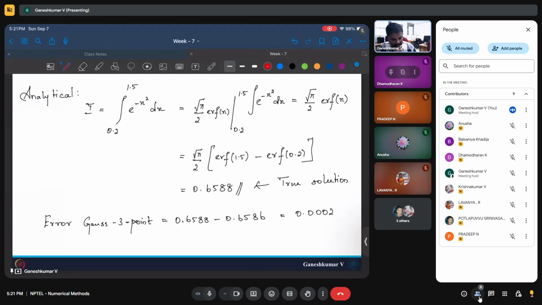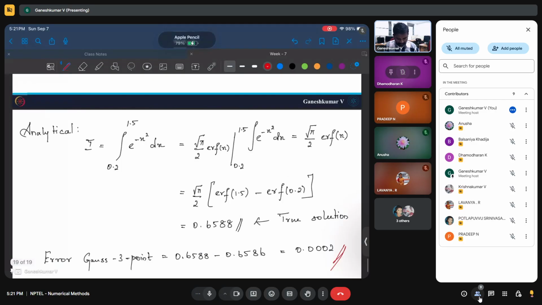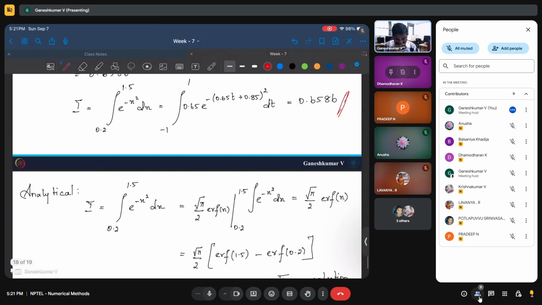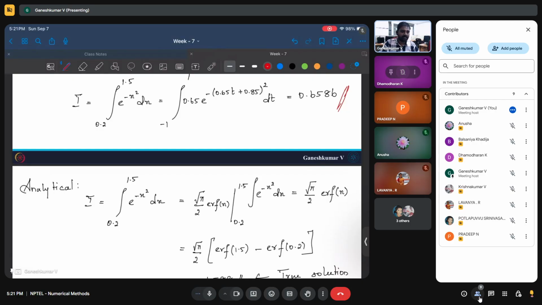Okay, this is your error. It's not that big of a difference. So you can easily come up with an estimate by just doing this integral.